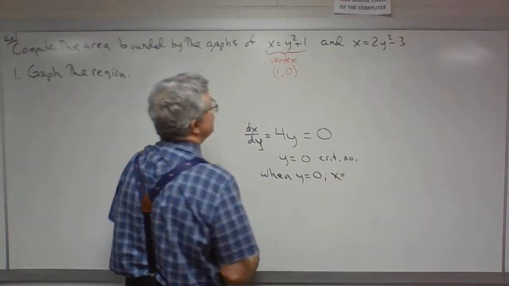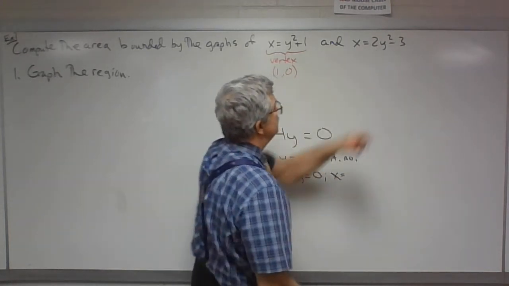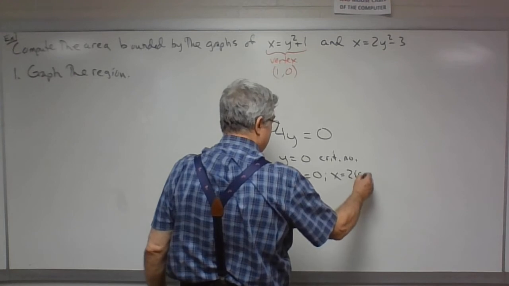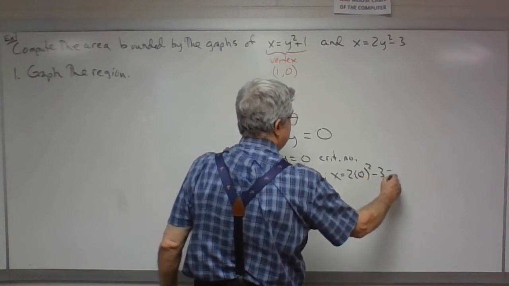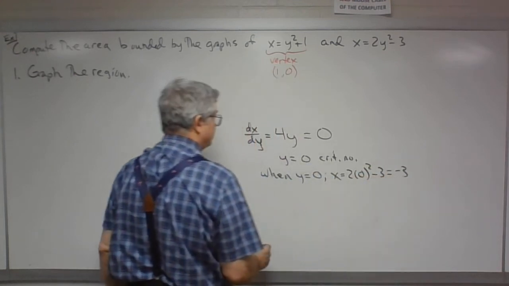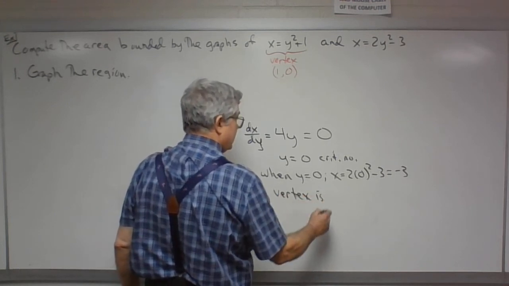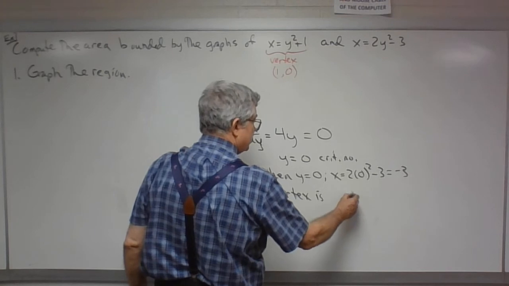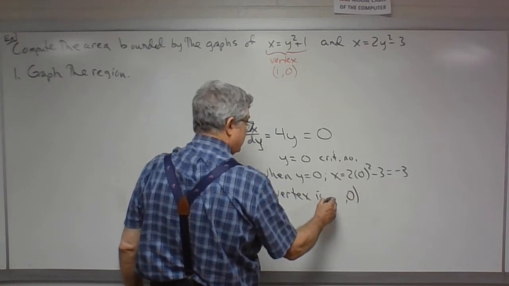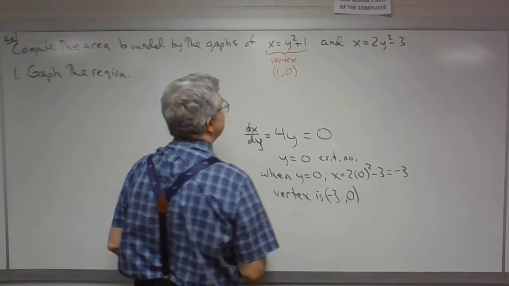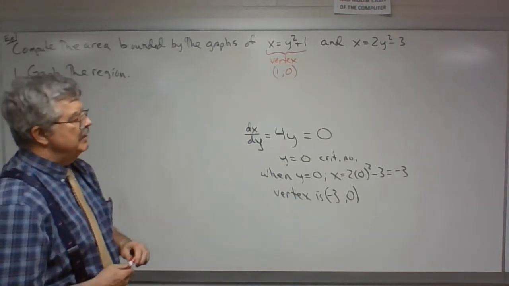When y is 0, x equals 2y squared minus 3, which equals minus 3. So the vertex is y equals 0, x equal negative 3. Let's write that down.